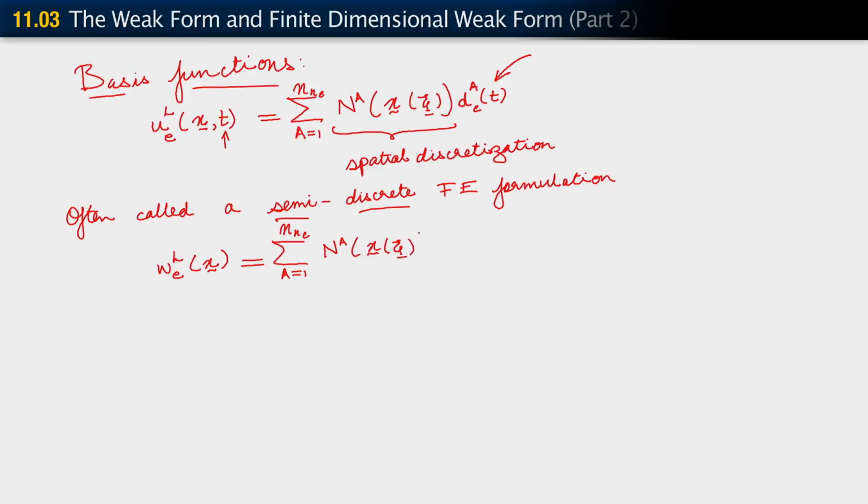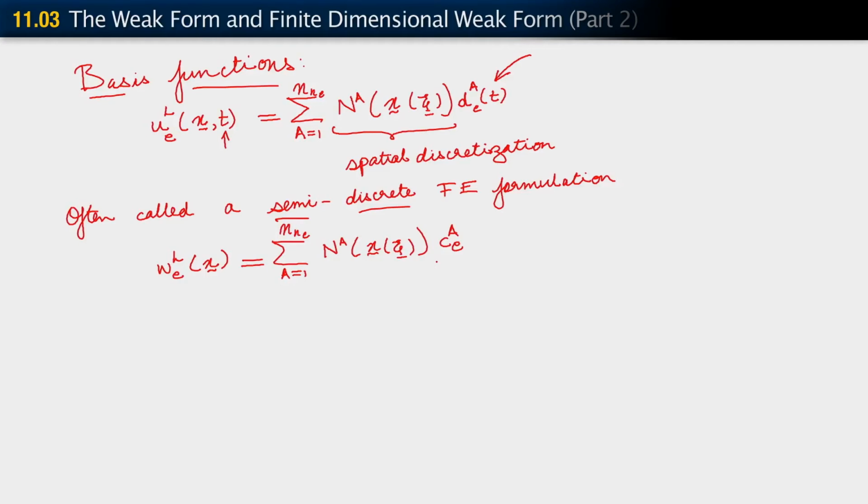We have our basis functions which depend upon x through xi, and the coefficients here are c_A^e. So this is no different in any manner from what we did with the weighting functions for the steady state problems.